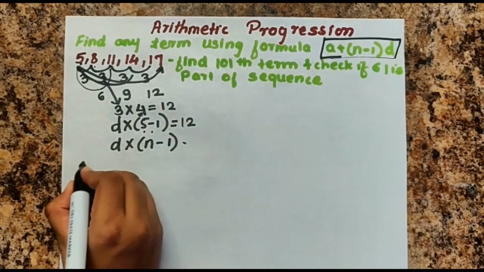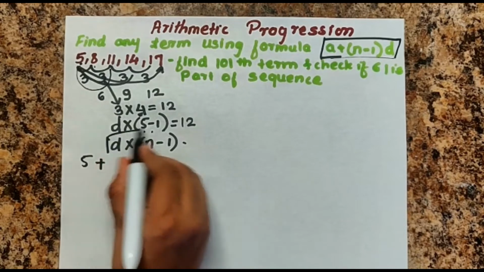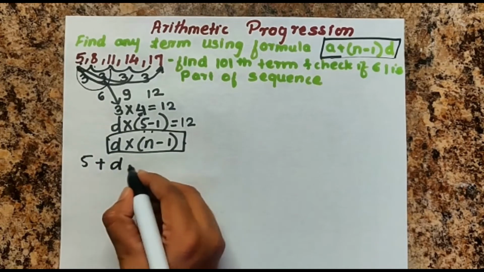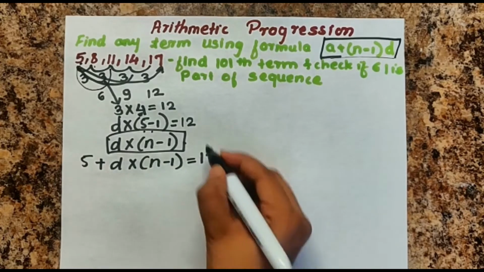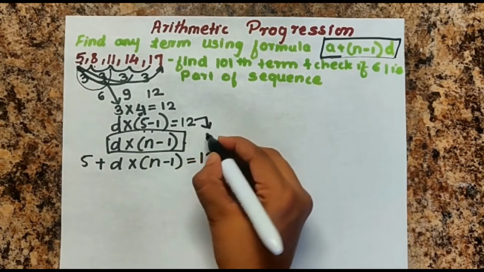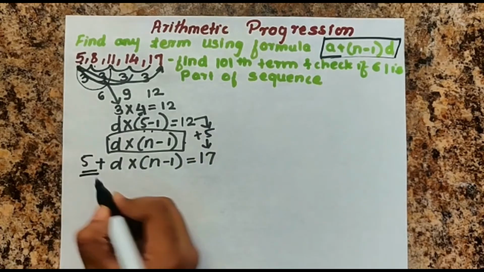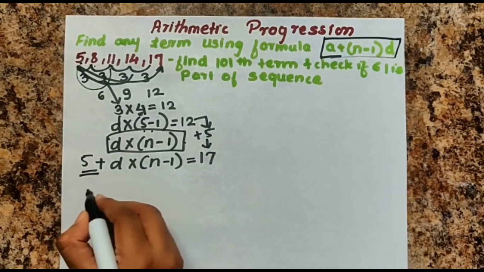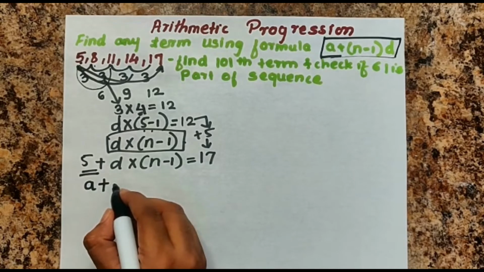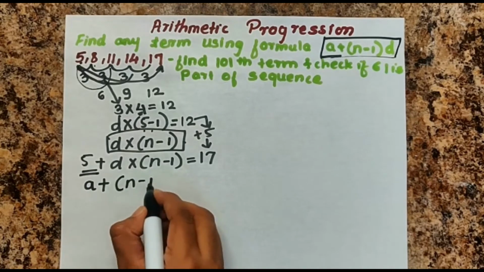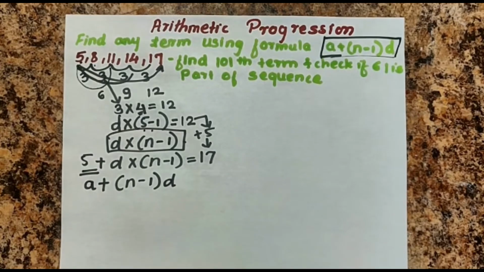If I add this term to the first number, it will give you the last number, which means 12 plus 5 gives 17. That's what I added, plus 5. And 5 is my first number. I am denoting the first number by a. So it becomes a plus n minus 1 into d.